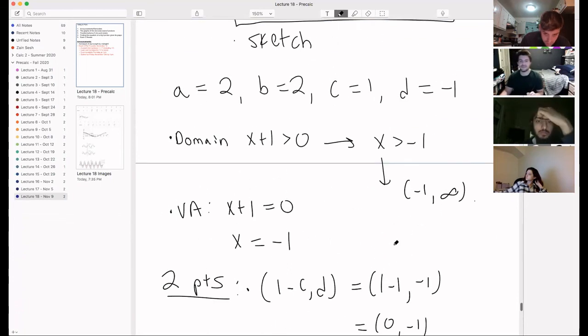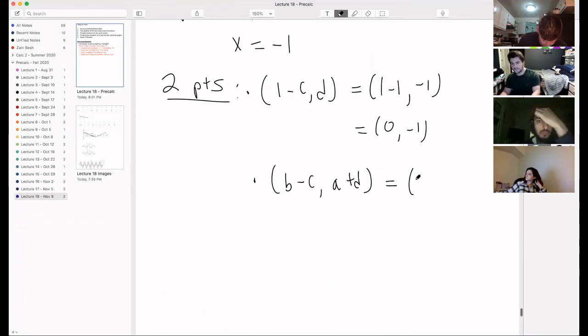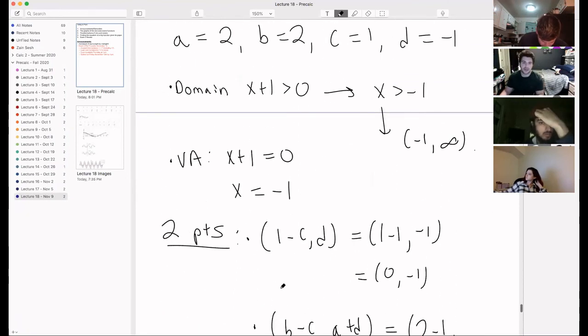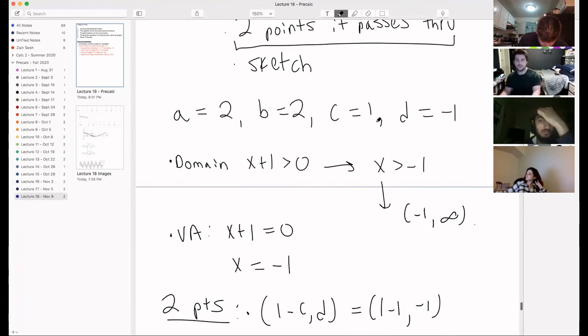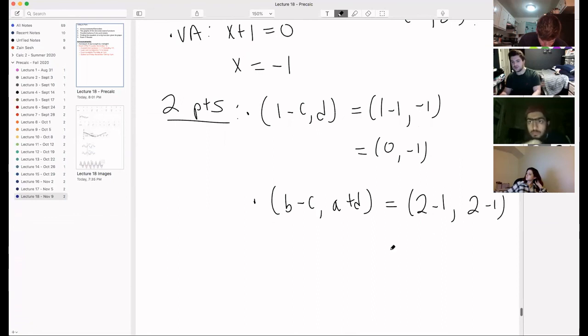So you go up to your values. B minus c is 2 minus 1, comma, a plus d, 2 plus negative 1, which is the same as 2 minus 1. So this is 1, 1. So those are our 2 points.